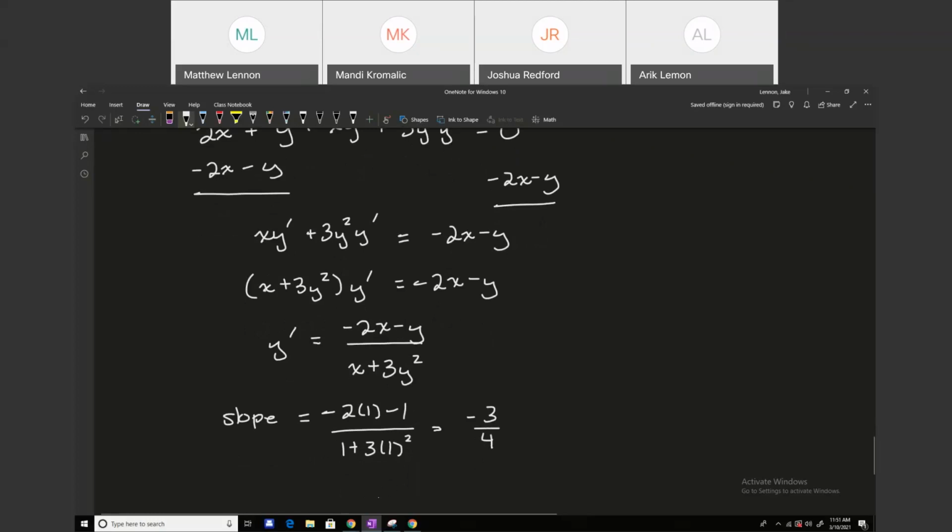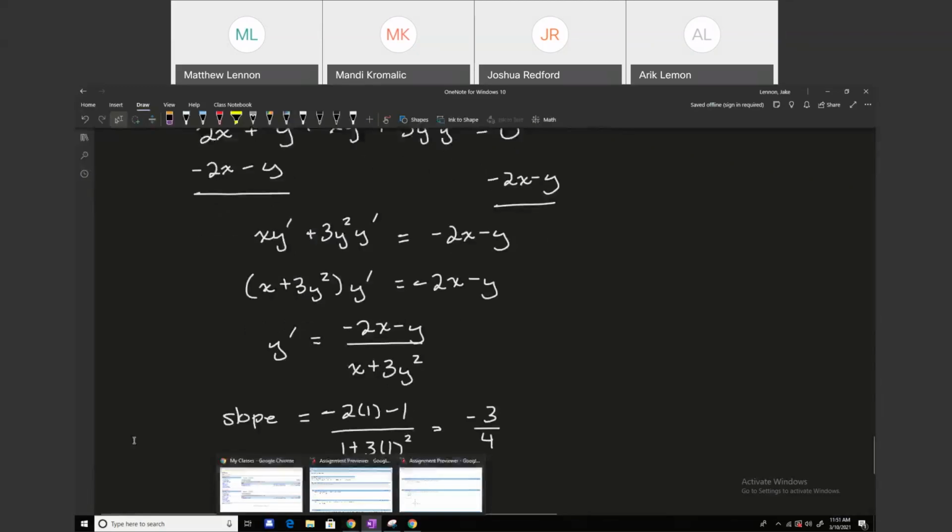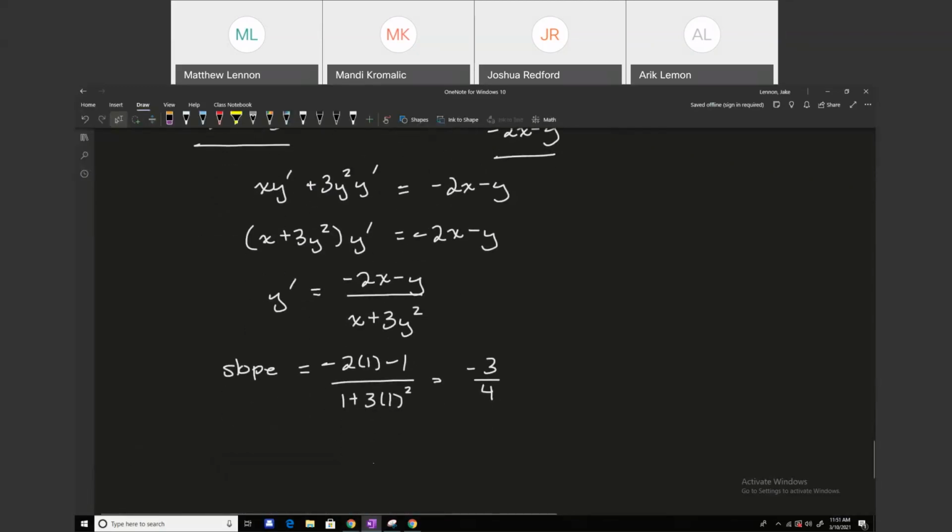And so the tangent line would just be y minus 1 equals minus 3/4 times x minus 1. This is the tangent line at 1, 1. We can go ahead and graph it just to check that out.